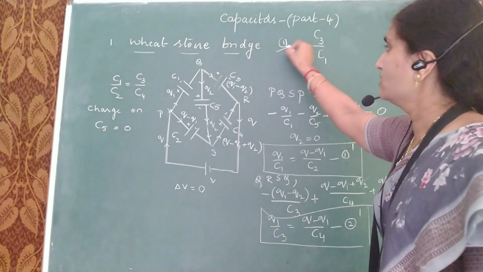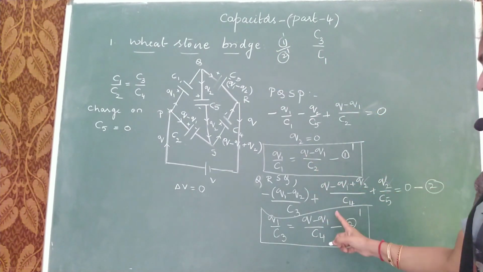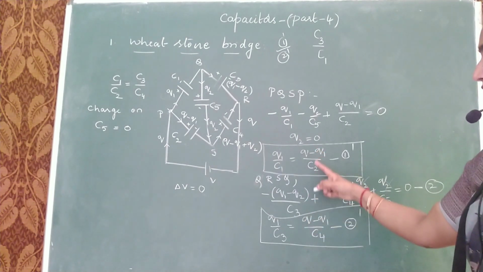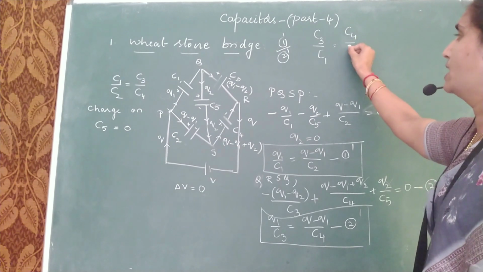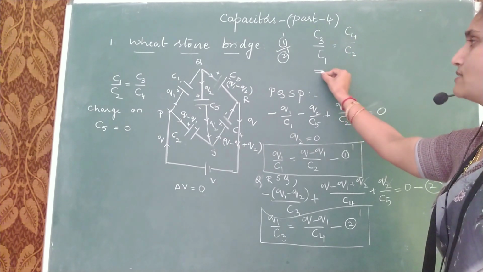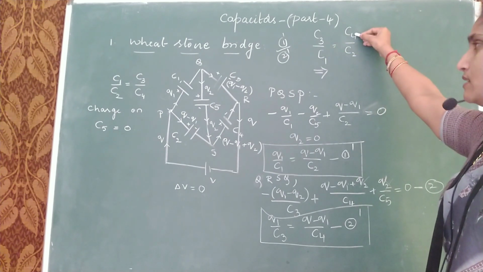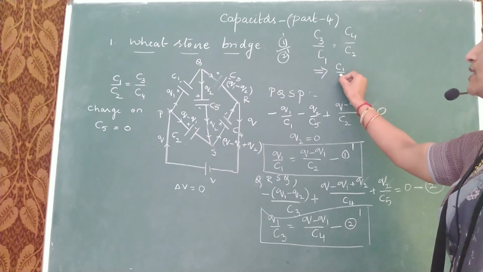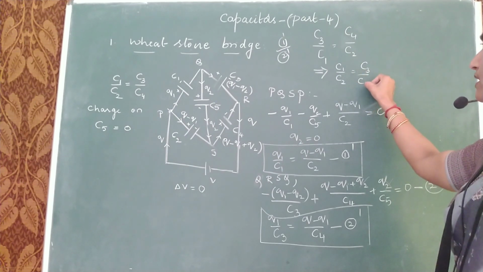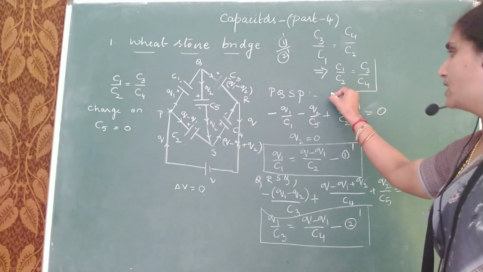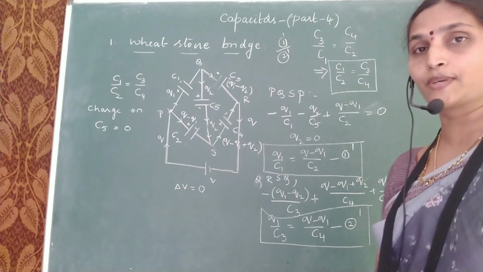Okay, dividing 1 dash and 2 dash, Q minus Q1 and Q minus Q1 get cancelled. 1 by C2 by 1 by C4 will be C4 divided by C2. So what does this imply? C1 by C3 is equal to C2 by C4, or you can also write C1 by C2 is equal to C3 divided by C4. So this was the condition I told you, which is called the Wheatstone bridge principle.